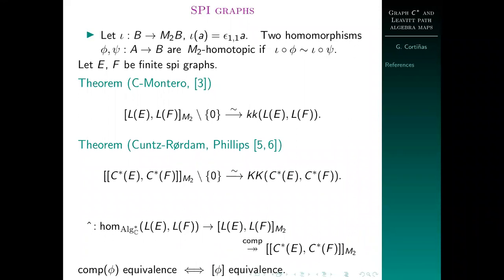It tells you that if you have a star homomorphism from LE to LF, which gets mapped to a C star, because of theorem B, this composite is just the completion, right? Take the completion and take the homotopy class. So it tells you that if comp phi is an equivalence, and comp phi is the class of phi hat, then phi was already an equivalence.